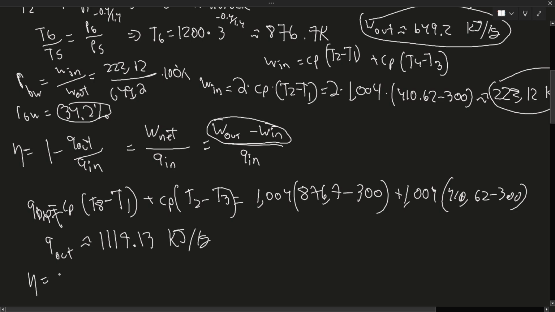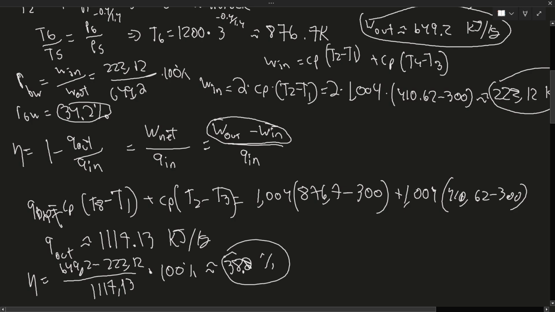Thermal efficiency is equal to W net, which is work out, so 649.2 negative 222.12, divided by 1117.13 times 100%, giving you a value of about 38.2%. There you go, final answer.